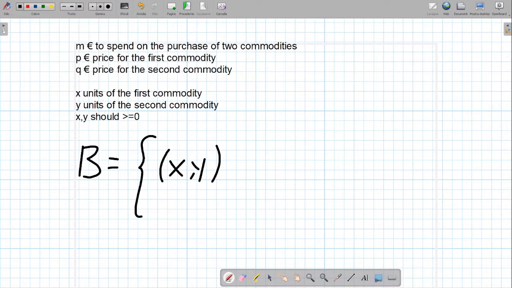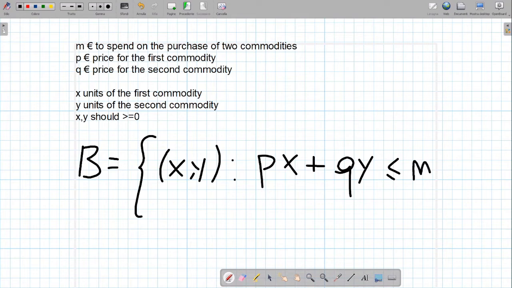The set will be defined by the pair xy which satisfies this inequality: the price for the first commodity multiplied by the units of the first, plus the price for the second multiplied by the units of the second, that total sum should be less or equal than M. So we couldn't buy more than the total amount of money that we have, with the additional requirement that both variables X and Y should be positive.